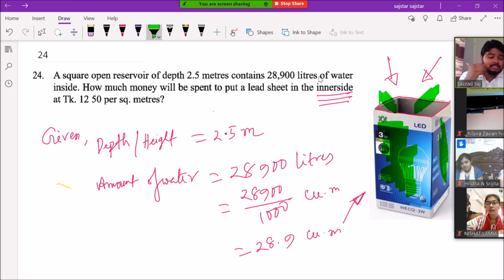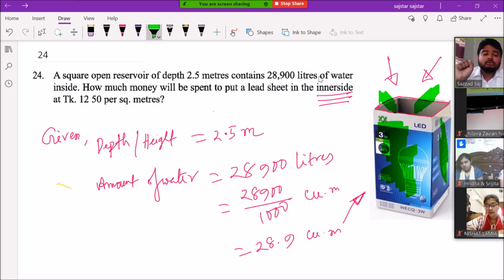The question says the top part is open, right? So there is no wall in the top part, but in the bottom there is a wall, otherwise there will be no water. If there is no wall in the bottom, then it doesn't contain any water. So 4 in the sides and 1 at the bottom, so there are total 5 walls.